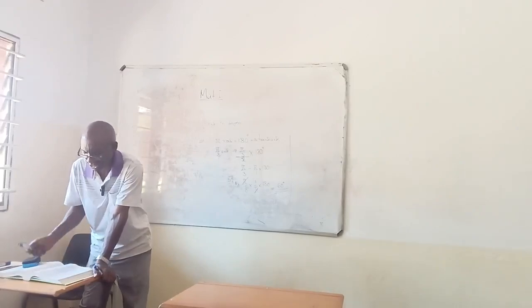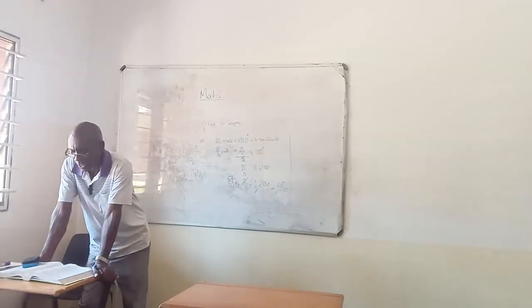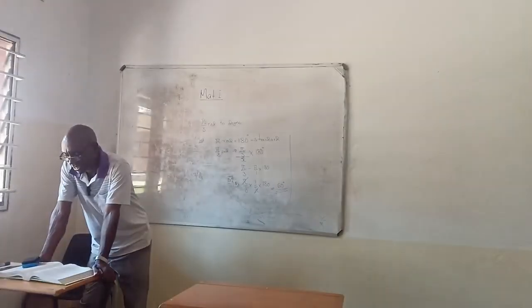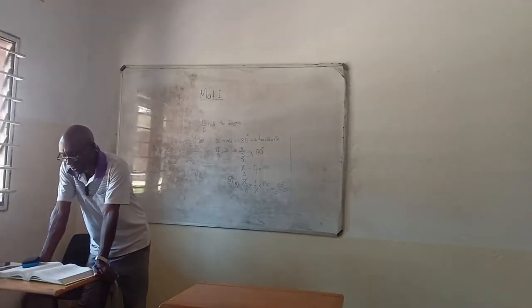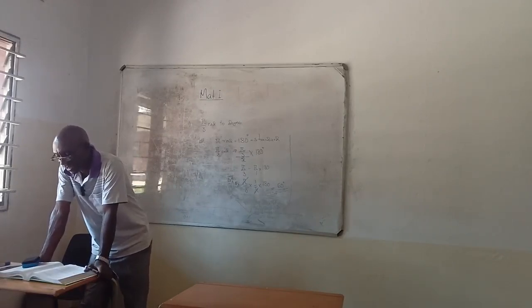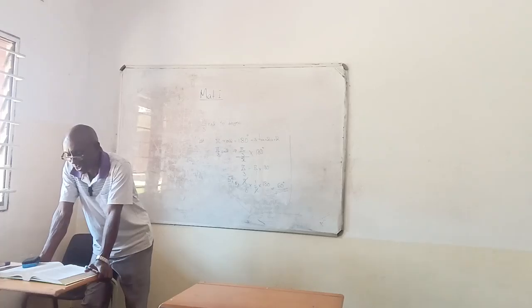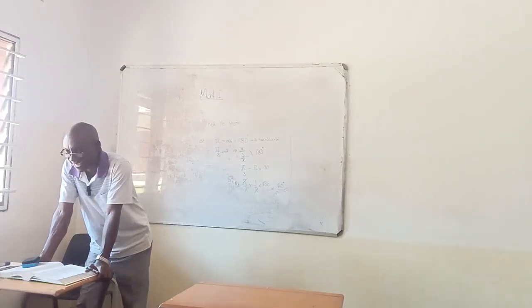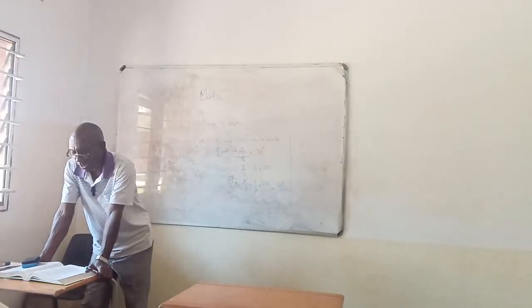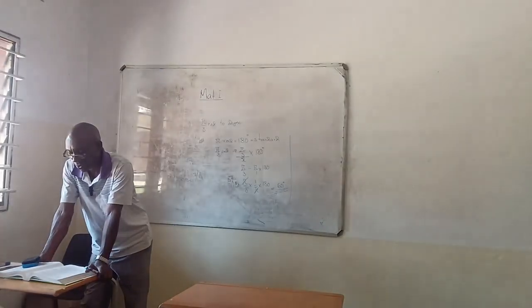Let me just read this. Before continuing, a note of terminology. Whether an angle is measured in degrees, this measure will appear followed by the degrees symbol. An angle measured in radians will appear with the abbreviation rad afterwards, or more commonly with no notation at all.